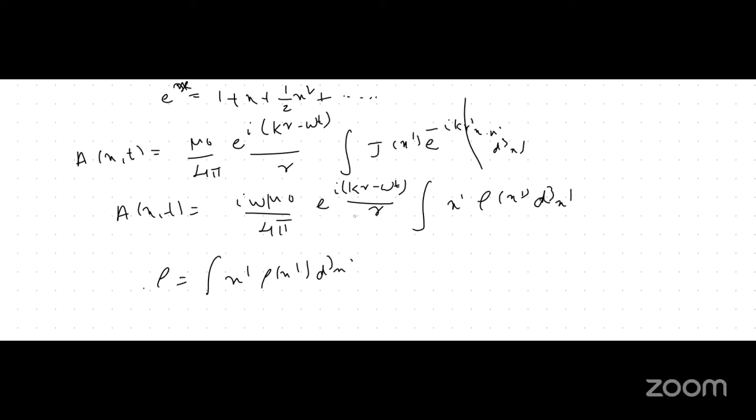Next we will move to another important topic. I'm skipping some of the topics here because we require only the important ones. First we will see magnetic dipole radiation, which is very important.